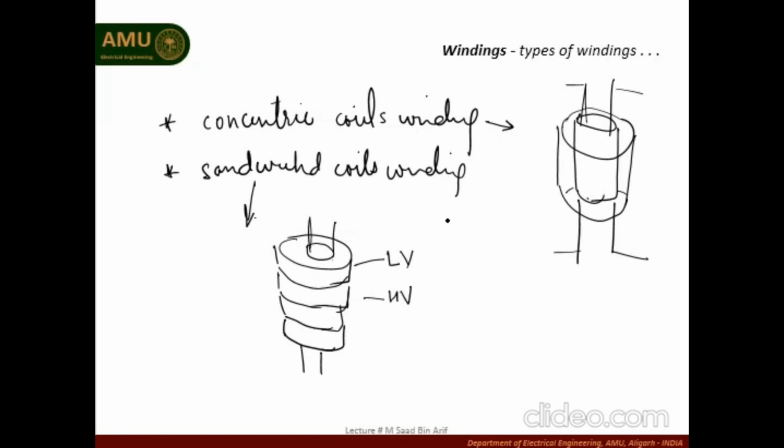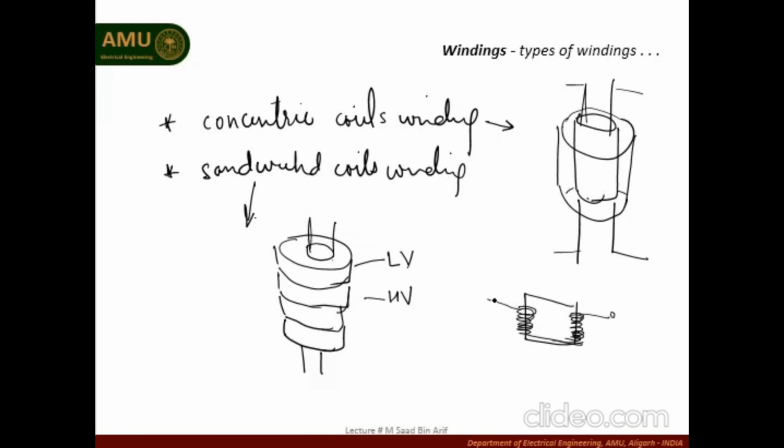Concentric windings are basically used in core type transformers, where half of the low voltage winding is placed on one limb, half of the high voltage winding on the same limb, and the remaining half of both the windings are placed on the other limb of the transformer. That is, if we have a core type of transformer, we place half of the lower voltage winding here and the other half of the lower voltage winding over here, and we connect both the windings like this.